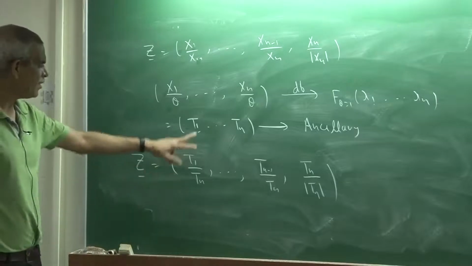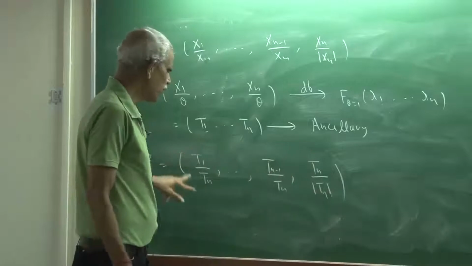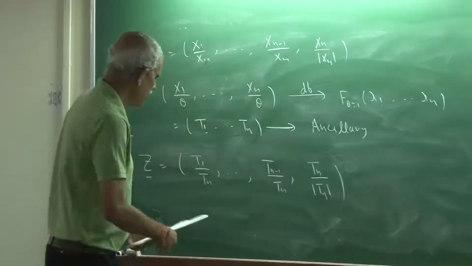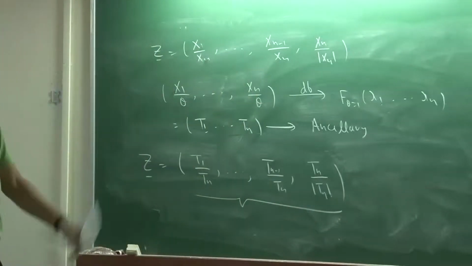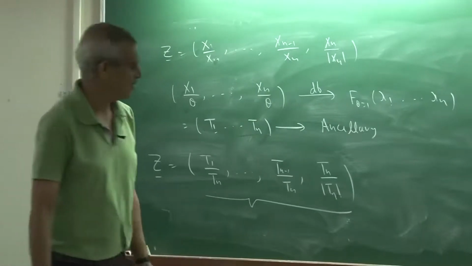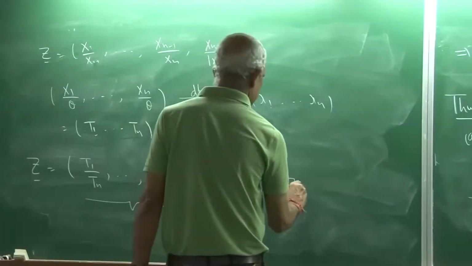Z is this, and I know that the joint distribution of T1, T2, Tn does not depend on theta. So the joint distribution of any function of T1, T2, Tn will not depend on theta. So in particular, the joint distribution of this whole quantity does not depend on theta, which says that the joint distribution of Z1, Z2, Zn will not depend on theta. So this implies that Z is ancillary.